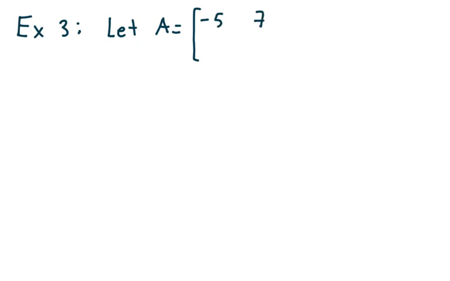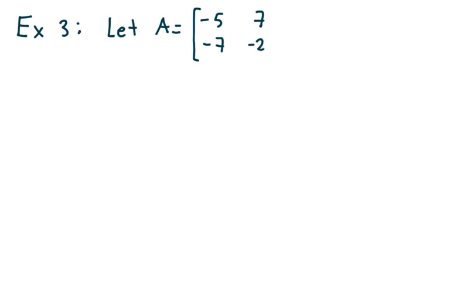Now, let's take a look at one more example for this video. And we'll look at example 3. I'm going to let A equal the matrix. Now, in the first row, we have negative 5, 7. In the second row, we have negative 7, negative 2.